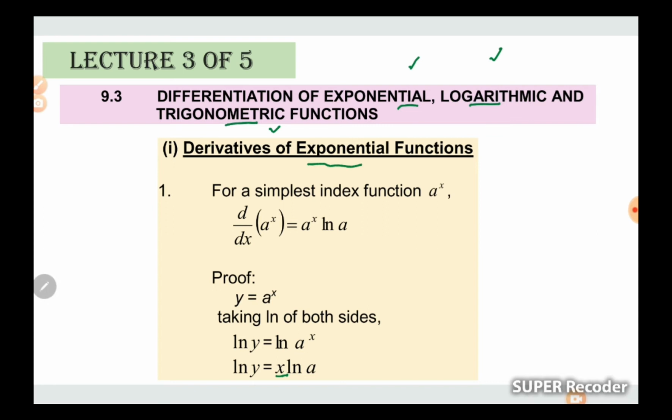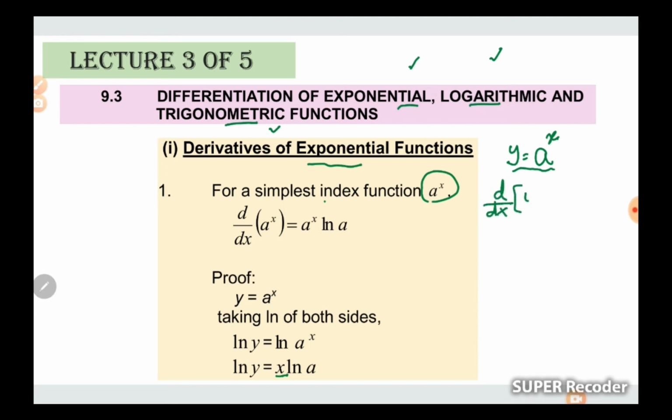Recall back, exponential function is any function that is in the form of y equals a to the power of x. This is the simplest form of exponential function or index function. So now we want to differentiate. The symbol is d/dx.